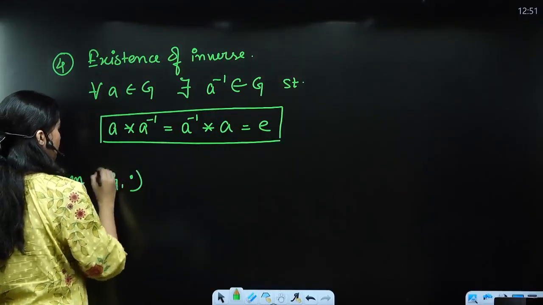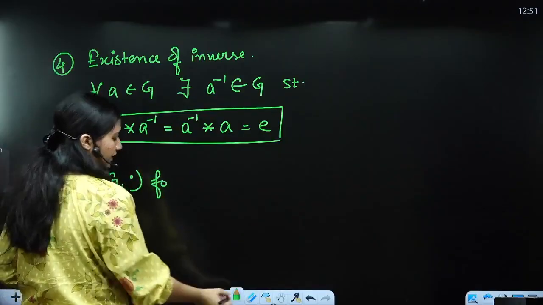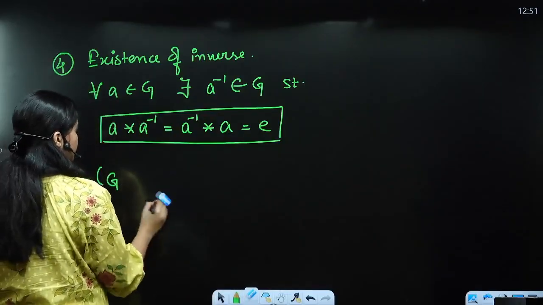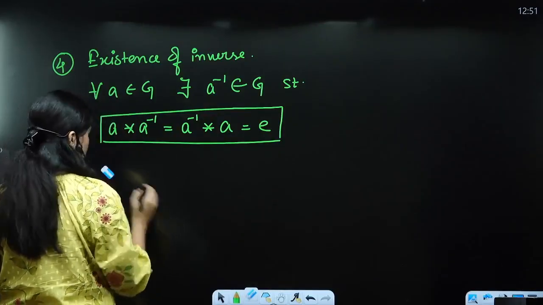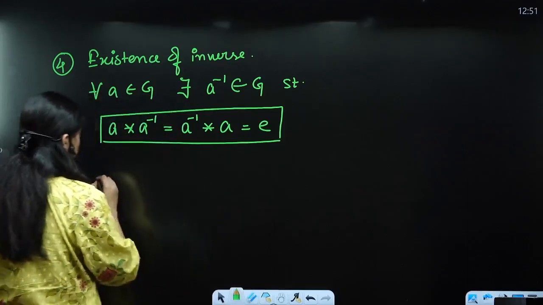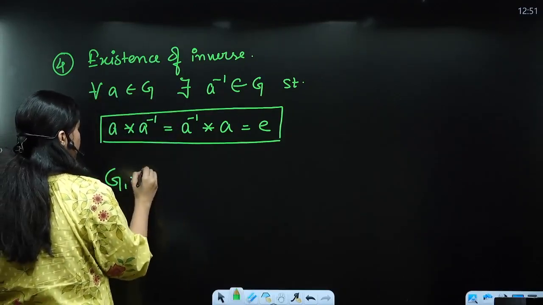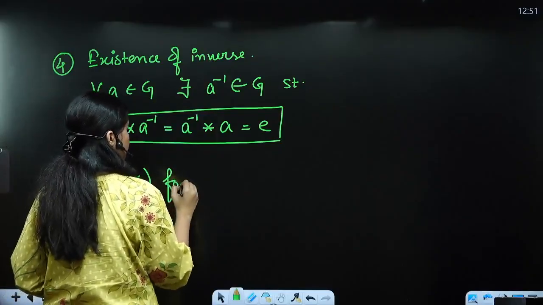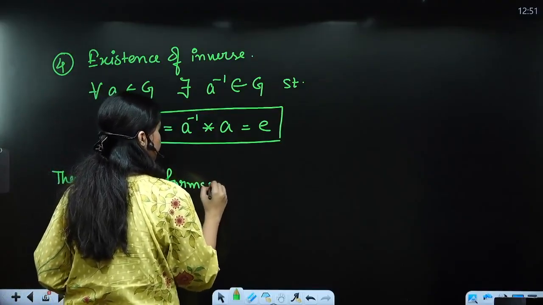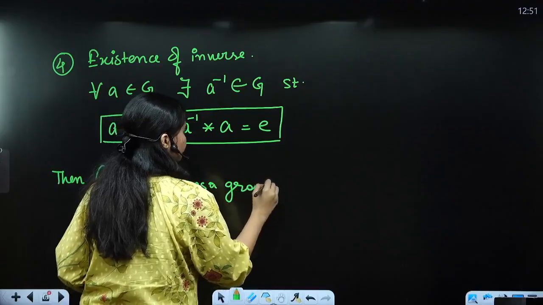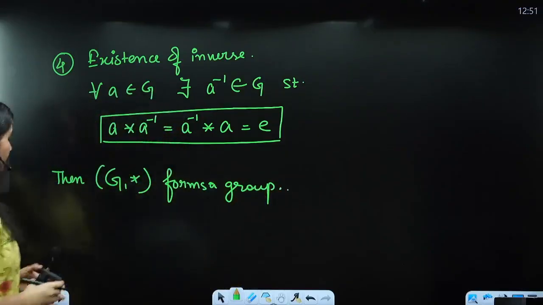Then G star, we are just assuming the binary operation to be star. So G star forms a group, clear? All right.